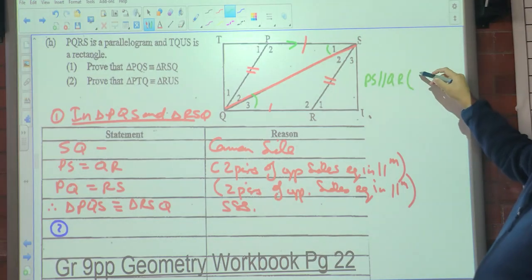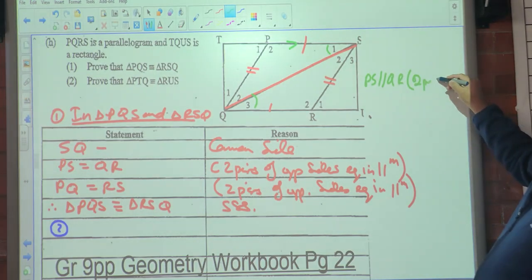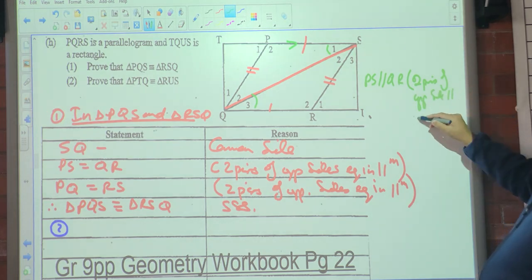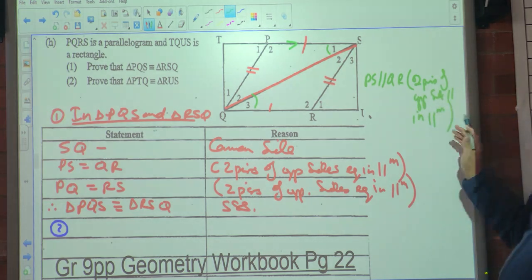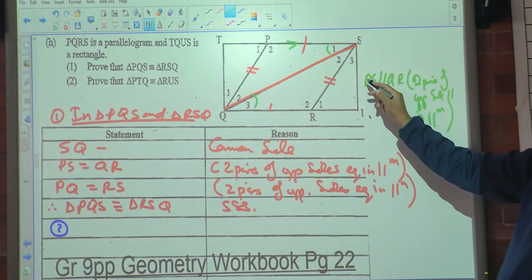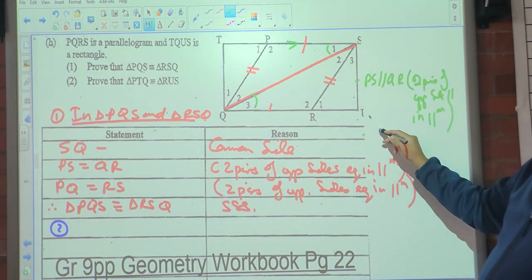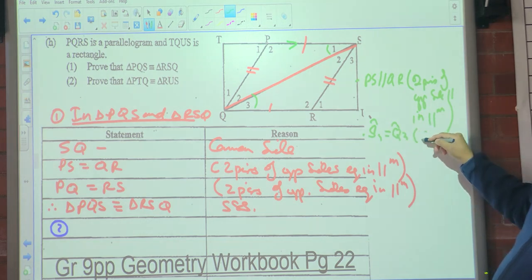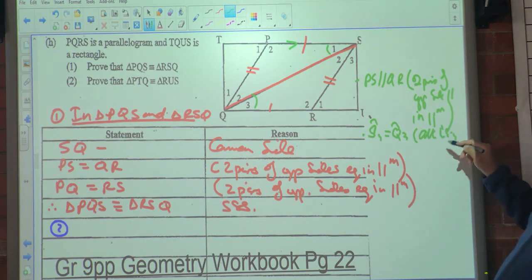Why? Because two pairs of opposite sides are parallel in a parallelogram. That's number 1. Then you had to say that S1 is equal to Q3. Why? Alternate angles with PS being parallel to QR.